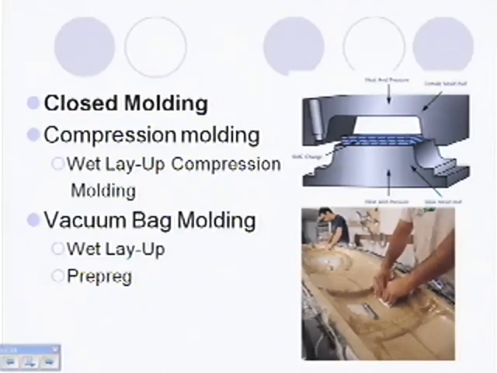You just lay them down into the mold, place a vacuum bag over them, apply vacuum, and either cure the resin with heat or UV light or something along those lines. So that's a pre-preg type of material done by vacuum bag molding. It's important to notice that the vacuum is applied after the resin is impregnated into the fiber.